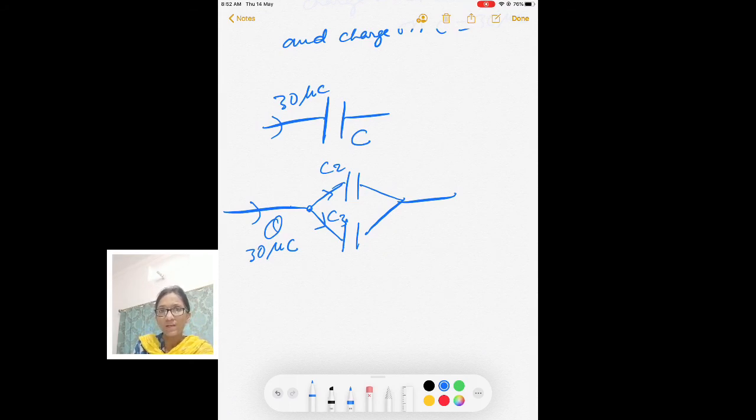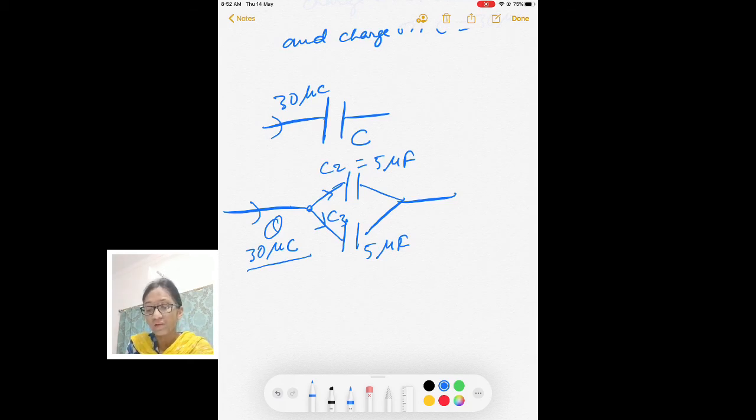Now why equally? Because both have same capacitance. It has capacitance 5 microfarad, it also has 5 microfarad. So since they have equal capacity, these will equally distribute this charge among the two.